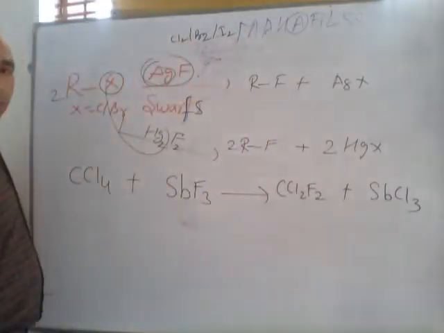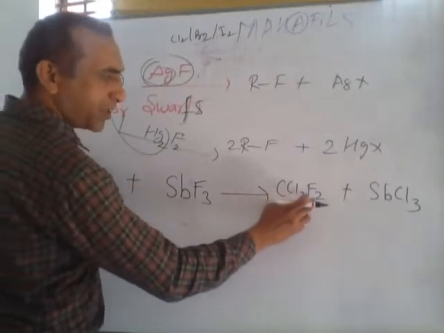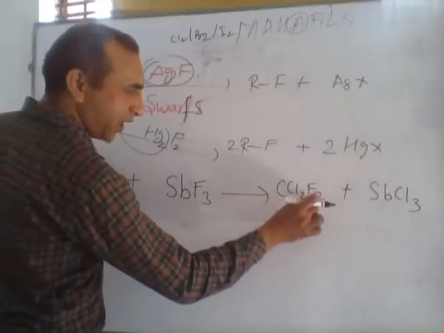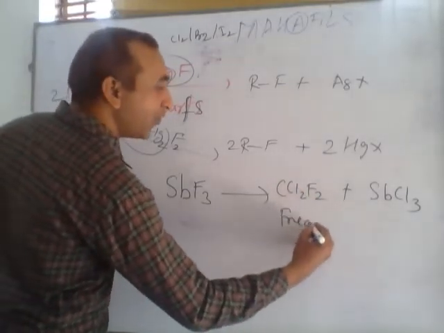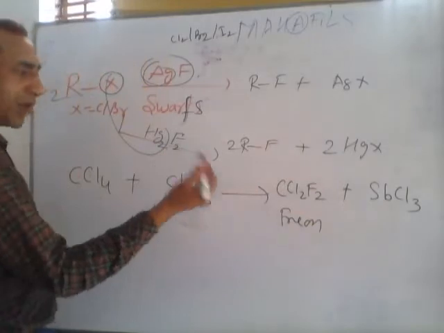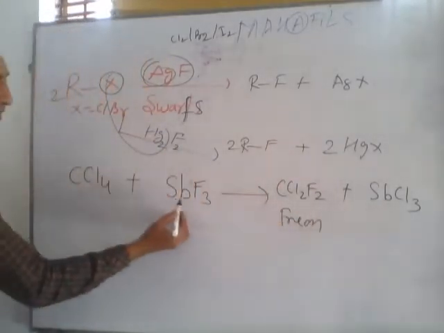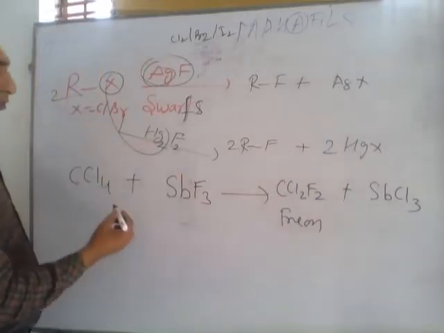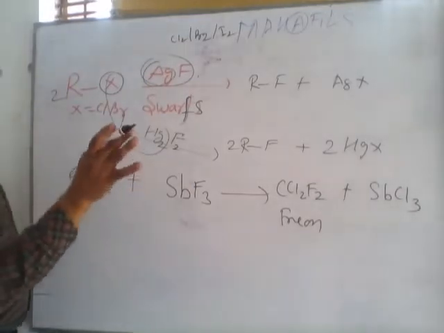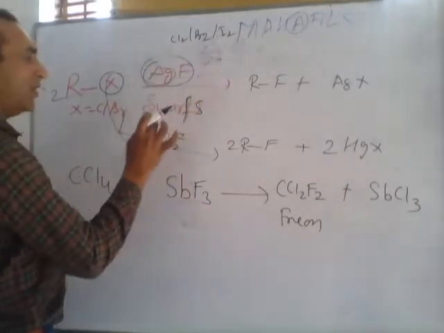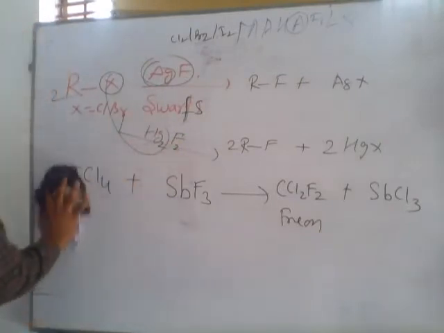This compound, in which two chlorines are replaced by fluorine, is called dichlorodifluoromethane, also called freon. In exams they ask how we can prepare freon: by reacting CCl4 with antimony trifluoride. All three of these reactions are called Swarts reaction. In Swarts reaction we can use silver fluoride, mercurous fluoride or antimony fluoride.